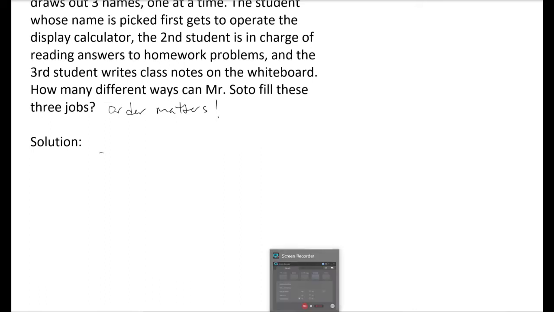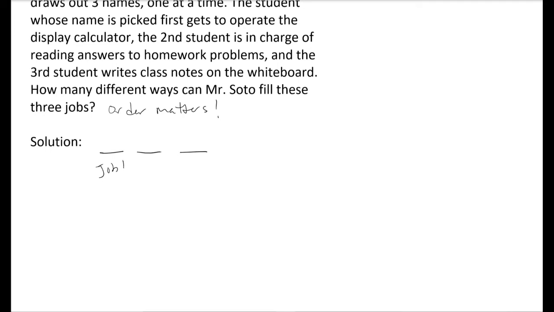Now, we have only 3 slots here for 3 names. So let's say the first one is job 1, this one's job 2, and this one's job 3. Well, for the first job, I only have 28 choices for that student. 28 students that I can choose from the hat for the first job. Once I choose that student, I only have 27 students left for the next job, and then 26 students left.